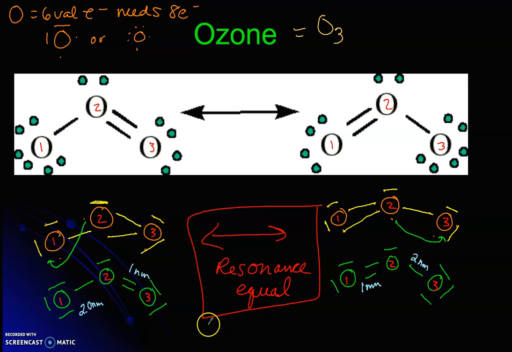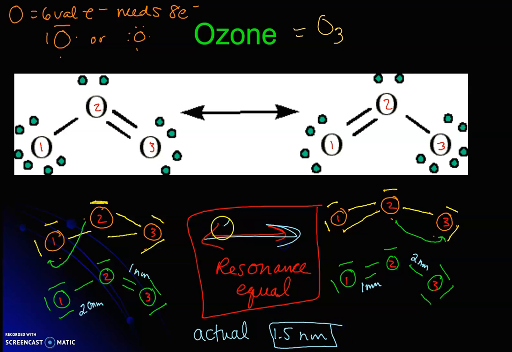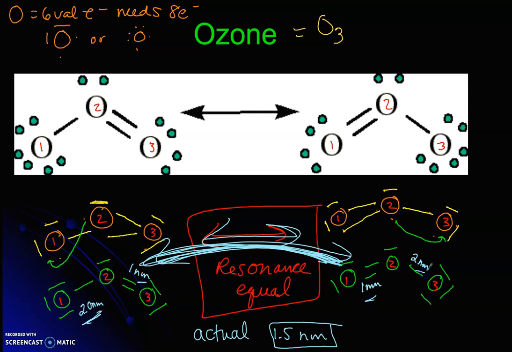Well, if they take a screenshot of the whole thing, they find that the actual distance is 1.5 nanometers, somewhere in between. So this resonance keeps flapping back and forth between these two over and over again. There's not one single moment in time when it's always one or the other. So half the time it's this, half the time it's the other. So it kind of melds into this 1.5 nanometers in bond length.